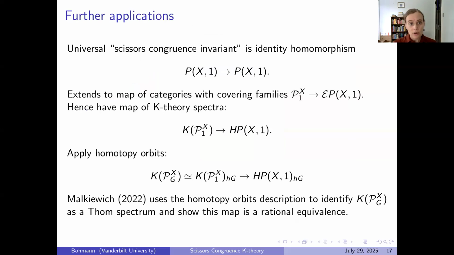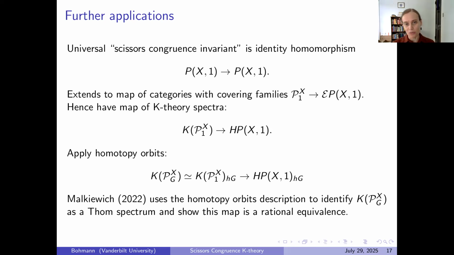So what else can you do? Well, there's some beautiful work by Cary Malkiewicz building on our work that gives you some really cool new applications of this. For this, we want to think not just about the scissors congruence invariant that's given by volume or by area, but there's actually a universal scissors congruence invariant.